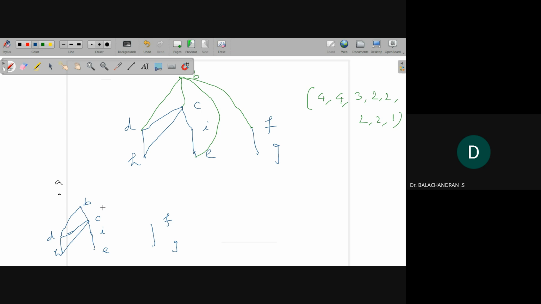B to C, B to E. So these are all just drawing this graph, and then B to F.